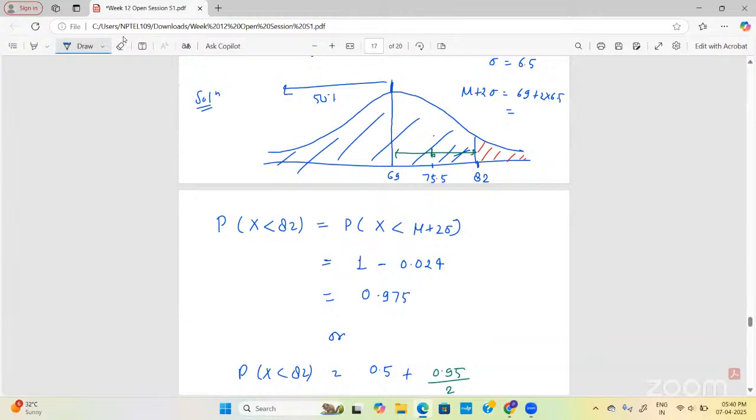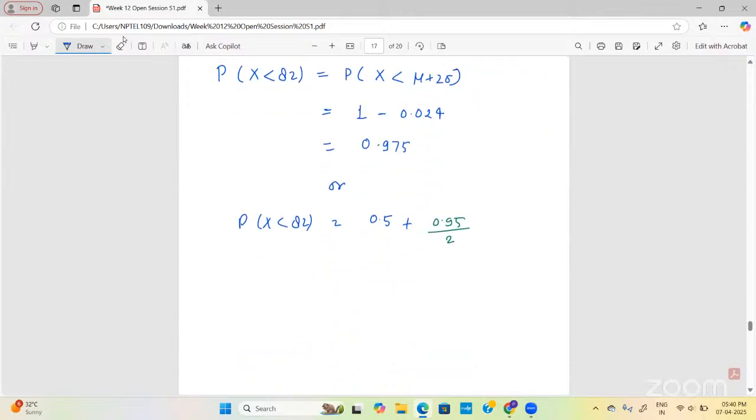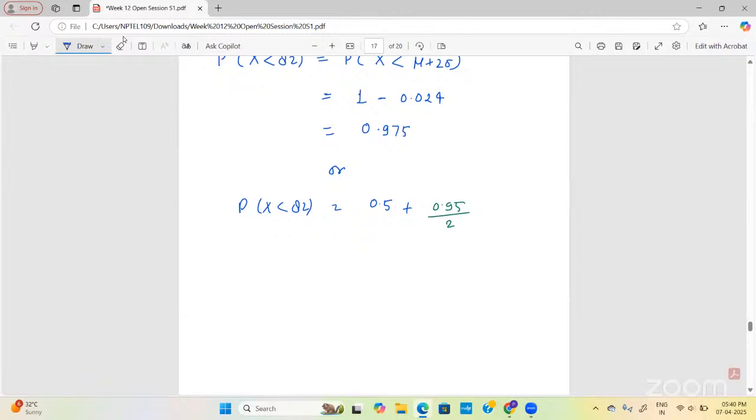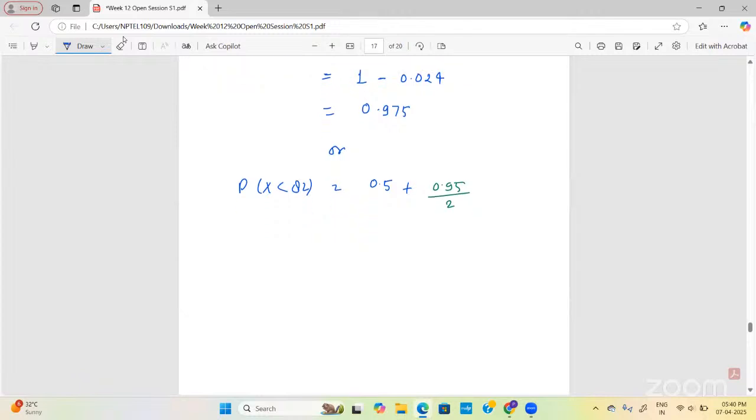So this is what? Mu plus 2 sigma, right? This is mu plus 2 sigma, so we are just adding half of it. Mu plus 2 sigma contains 95% of the entire region, so this will become 0.95 divided by 2. So 0.5 plus 0.475, again, it will be 0.975.